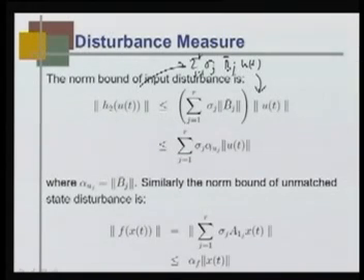We already know what alpha u j is, and we know what sigma j is. Okay. Similarly, the norm bound of the unmatched state disturbance, which is f x t. The previous one we have already done, the matched one. So, this is the unmatched one, f x t, and f x t is the sum over j of a 1 j x t.